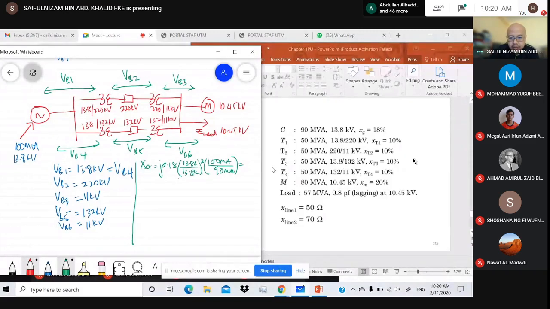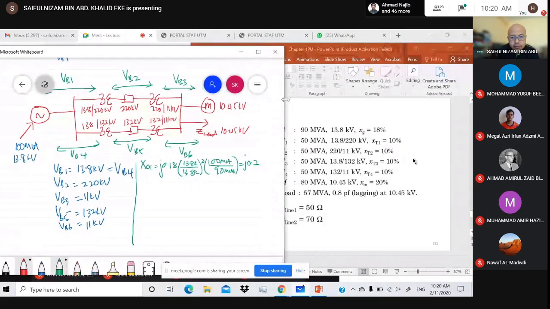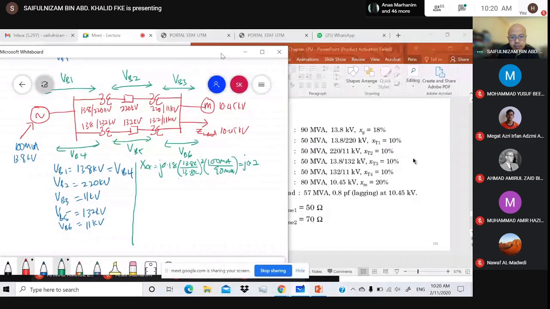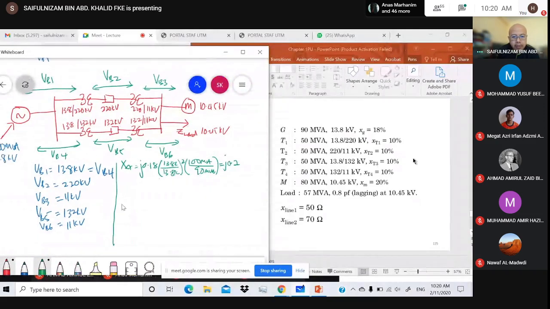Did you get it? Any question in finding the new per unit value for the generator? From my experience, many students make the mistake here: they didn't use 90. So use the old value. New is 100 divided by old, and old is 90.